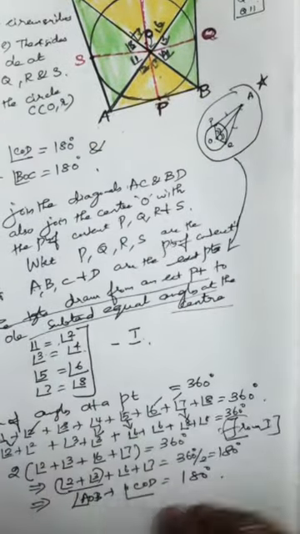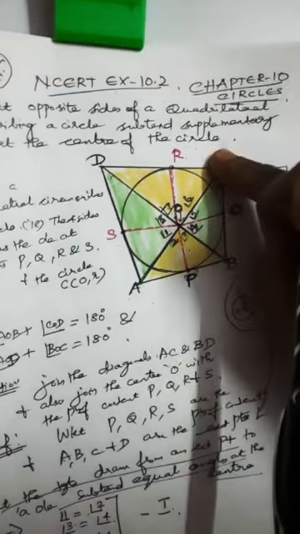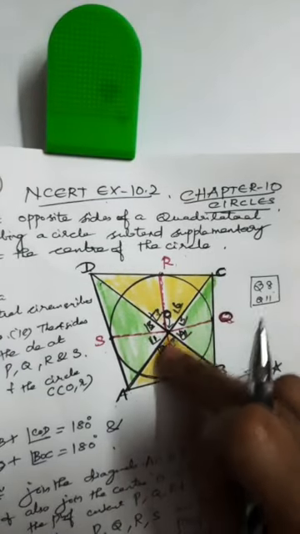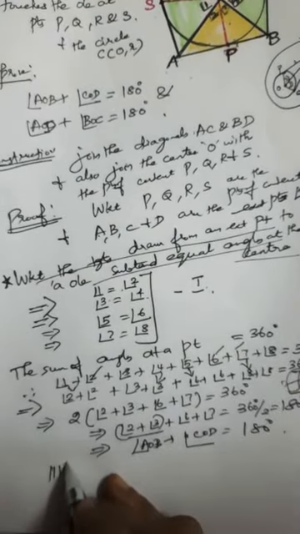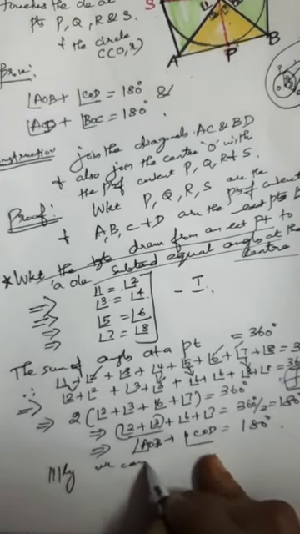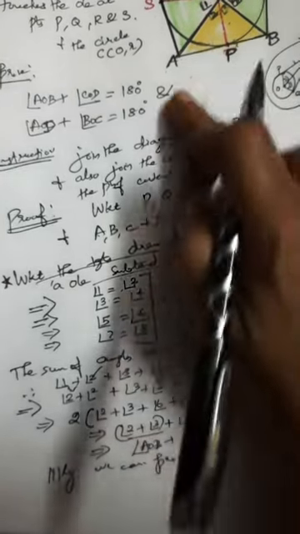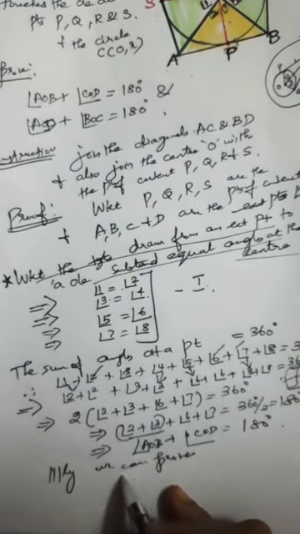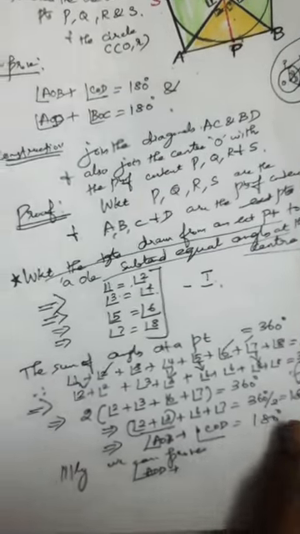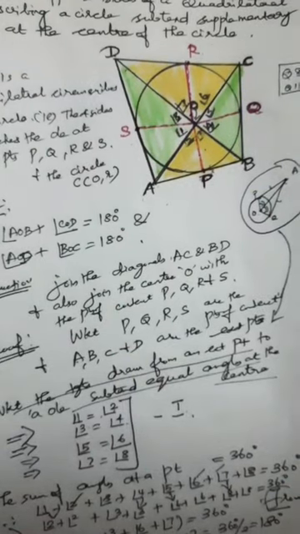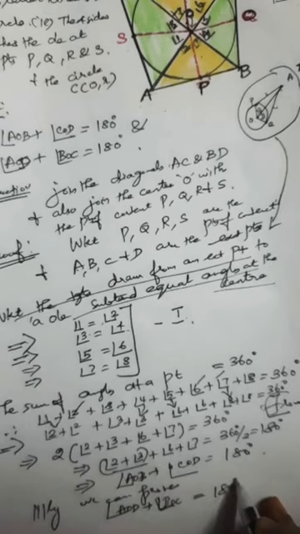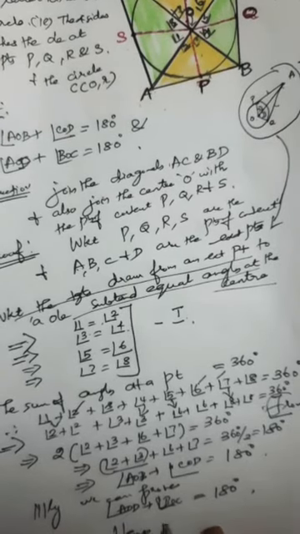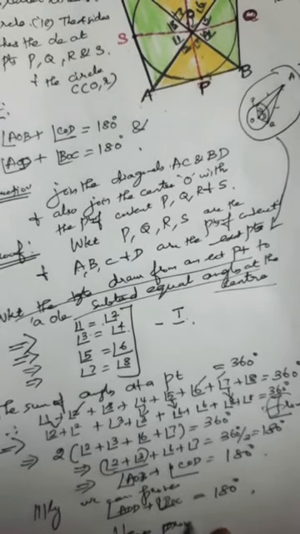What we were asked to prove, we have proved: the opposite sides AB and CD subtend supplementary angles at the center, that is AOB plus COD equals 180 degrees. Similarly, we can prove that angle AOD plus angle BOC is also 180 degrees. Hence, we have proved it.